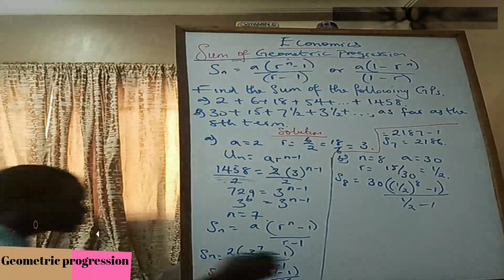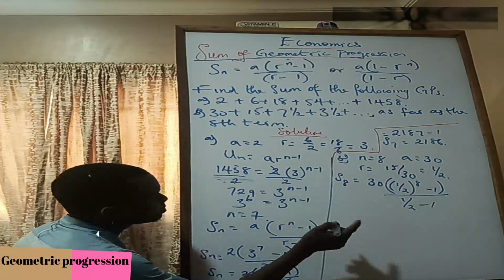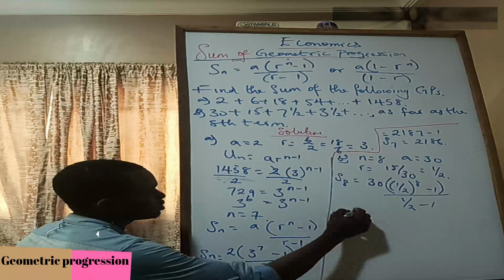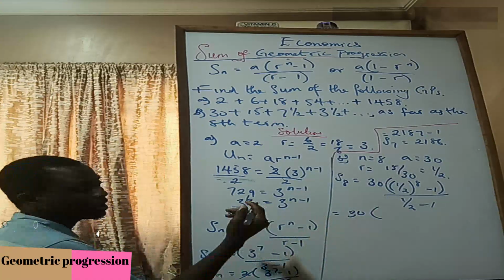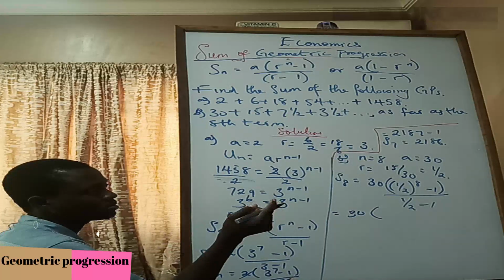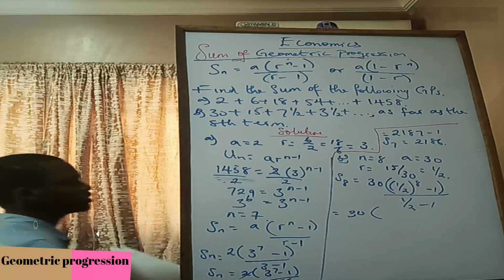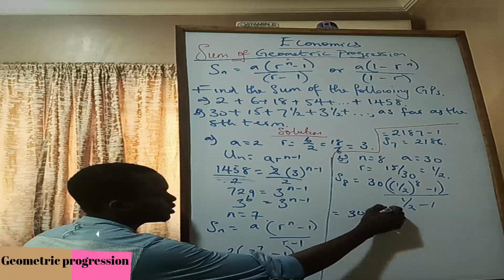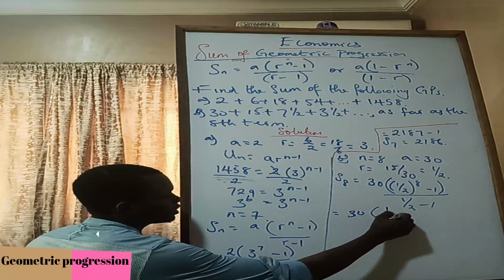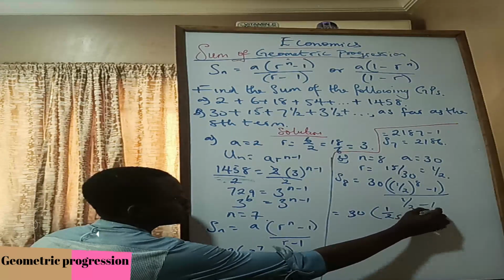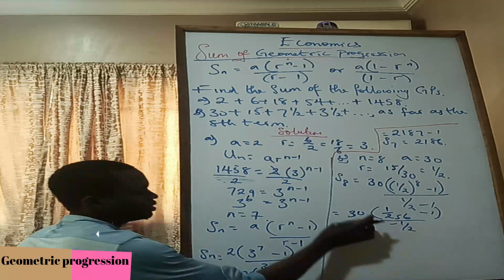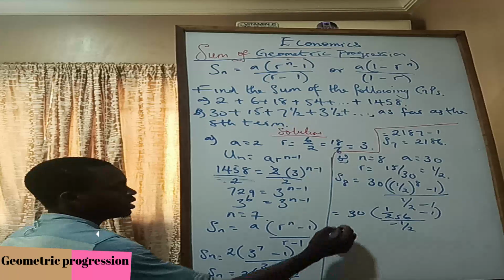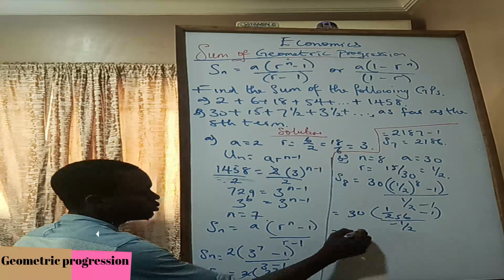Alright, so from here I have S8 equals 30 into brackets 2 raised to 8, that's 256. I have 30 into brackets 1 over 256 minus 1, then divided by half minus 1, which is minus half. So this is like 30 divided by minus half.